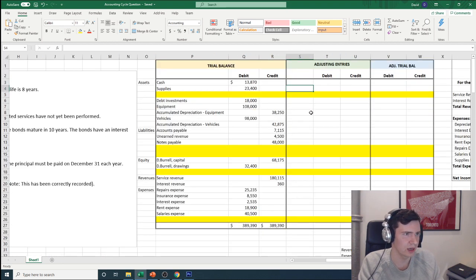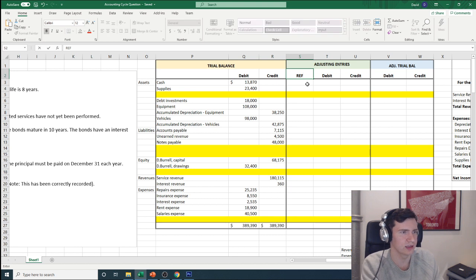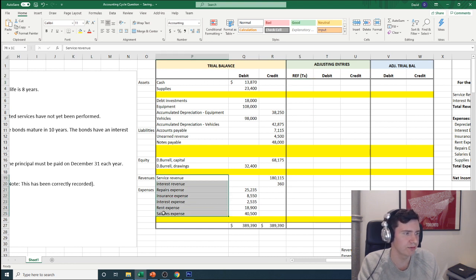I'm just trying to think how I should set this up. Okay. Yeah, I'll just kind of enter it as I go. And also I'll put the reference in here for each of the transactions. Okay, so we're doing the first one. So the first one, we don't have a depreciation expense here, right?